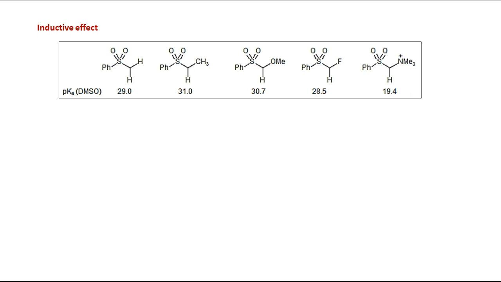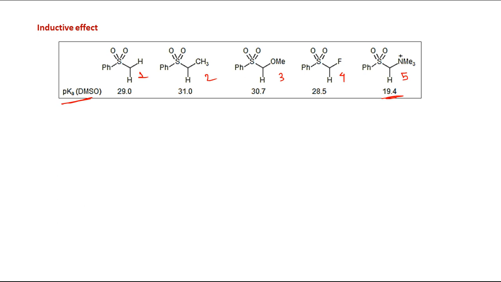So if we consider the inductive effect, we will get some stability order, but we will try to see whether it matches the information that we are getting based on pKa only. Considering pKa, I am numbering the species 1, 2, 3, 4, 5.